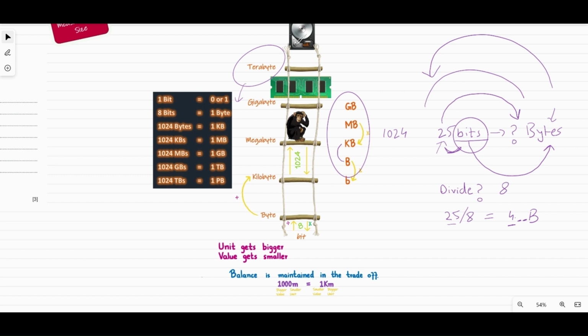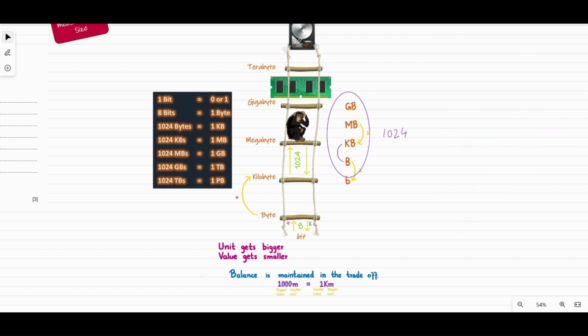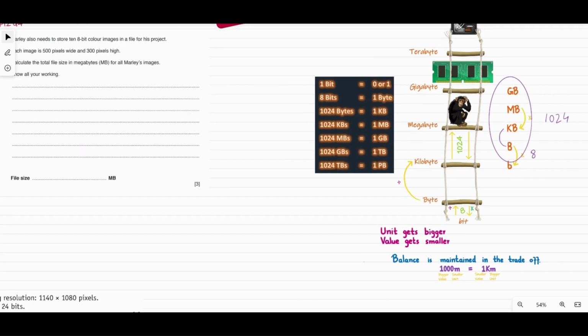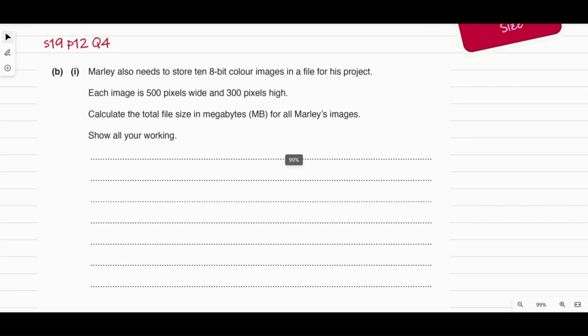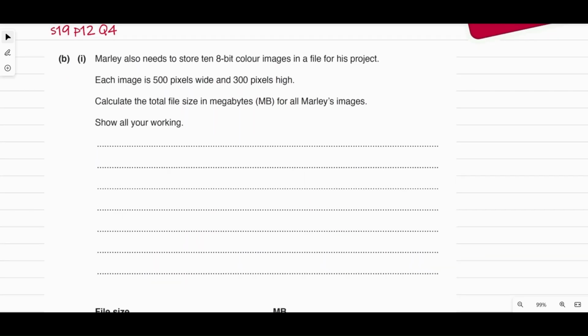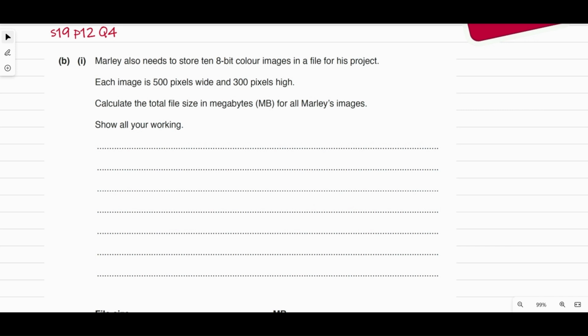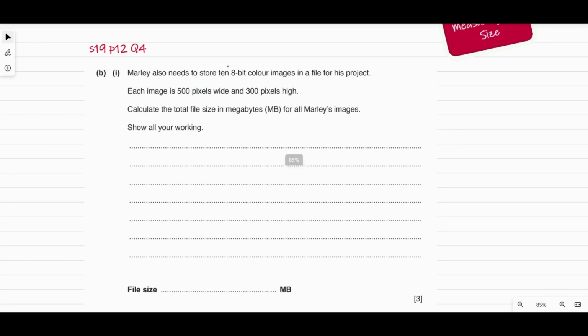All right, I'm going to erase everything up. I should keep writing 8 there. I have an example from the past papers: summer 19, paper 1, variant 2, question 4. Marley needs to store 10 8-bit color images. First of all, there's the unit 10, and we need to keep a reminder of it.